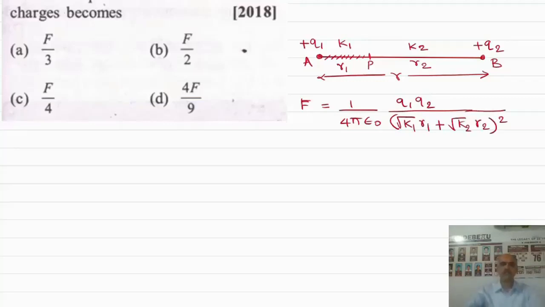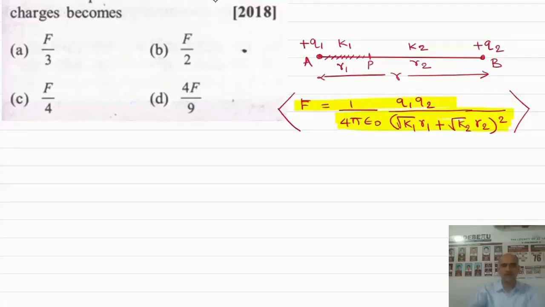This is a shortcut formula which you are required to remember. It is not used much in the regular board exam, but it is needed when solving competitive exam problems. Now here we will use this one and solve the problem.